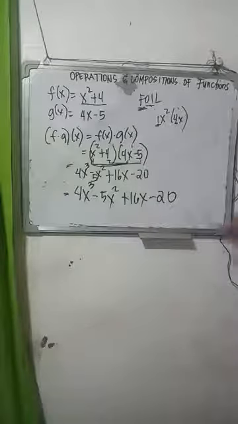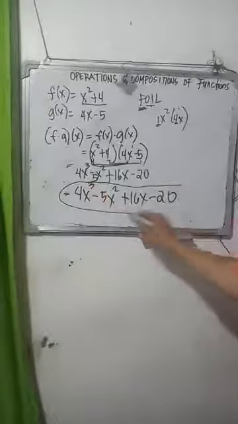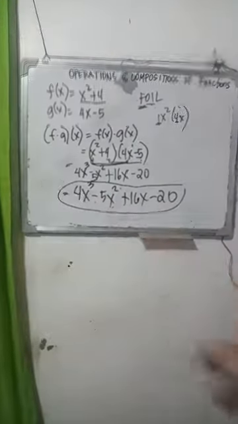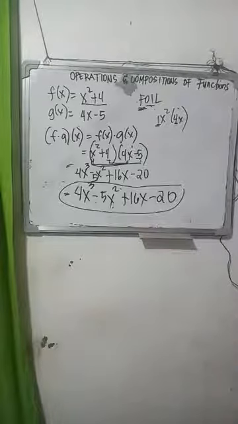So automatically, this is our final answer: 4x cubed minus 5x squared plus 16x minus 20. Next, we will proceed to division, or the quotient of the given functions.